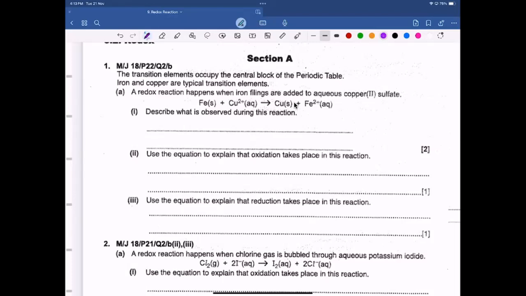We explain reduction in terms of gain of electrons, loss of oxygen, and decrease in oxidation number, and oxidation in terms of loss of electrons, gain of oxygen, and increase in oxidation number, but not in terms of hydrogen.